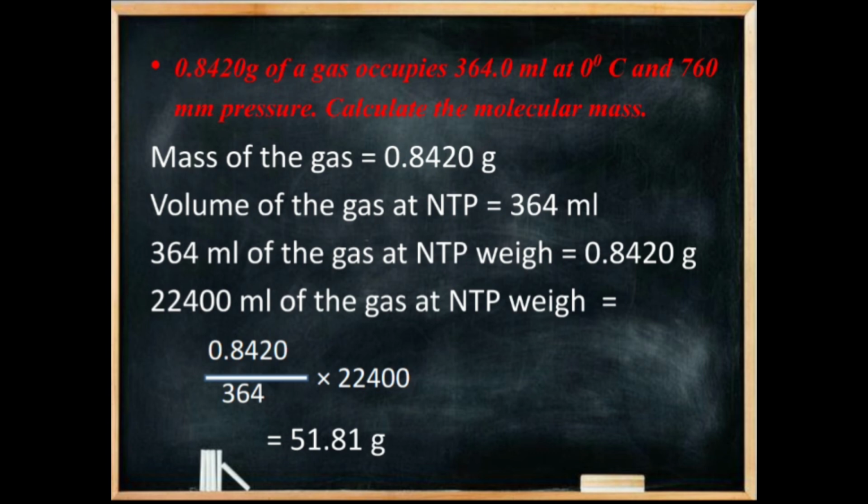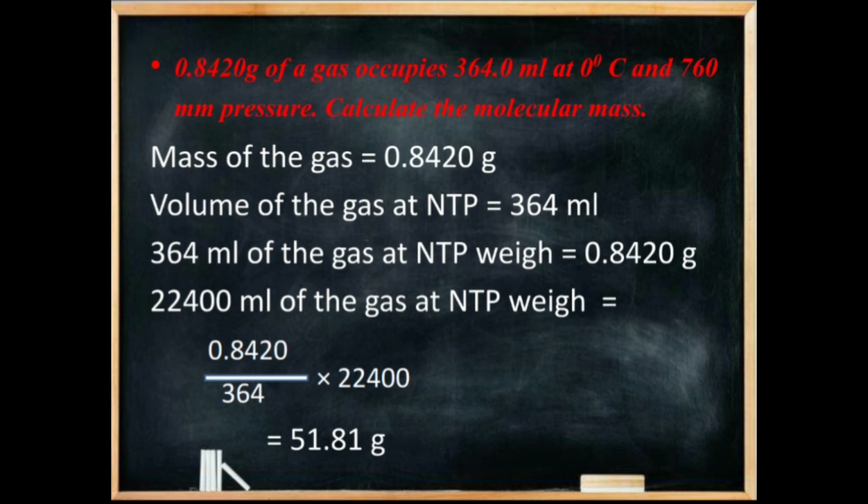So, 364 ml of the gas at NTP weighs 0.8420 gram. So, 22,400 ml of the gas at NTP weighs 0.8420 by 364 into 22,400. Applying the formula, we get 51.81 gram. So, the molecular mass is 51.81 gram.